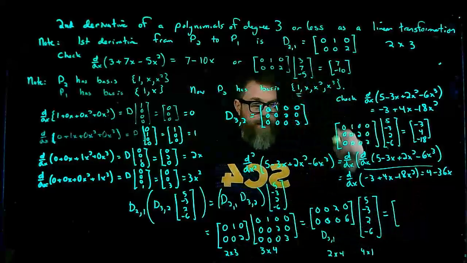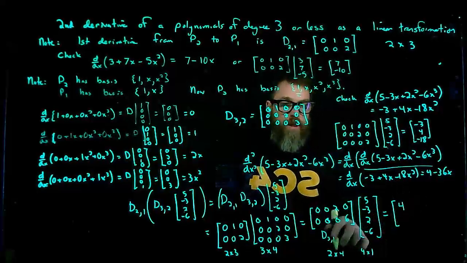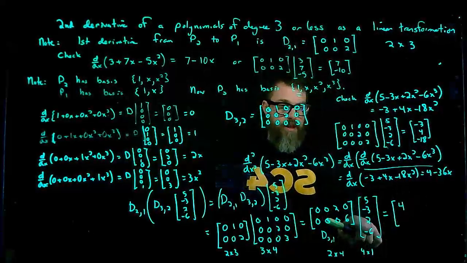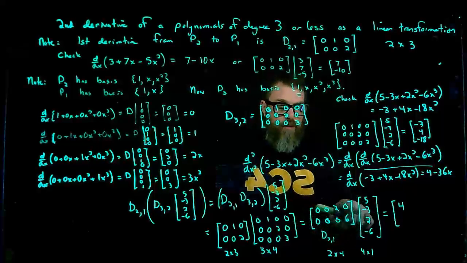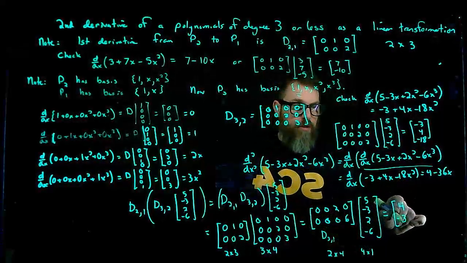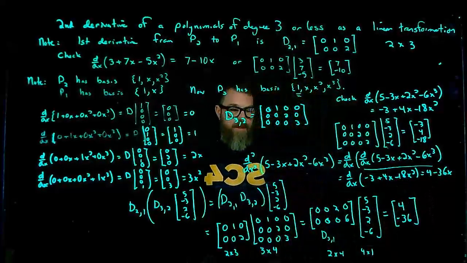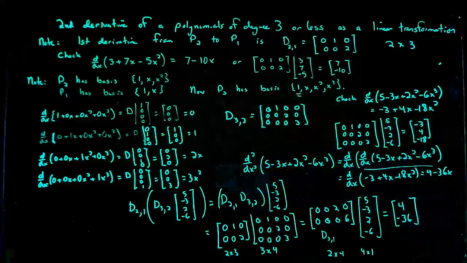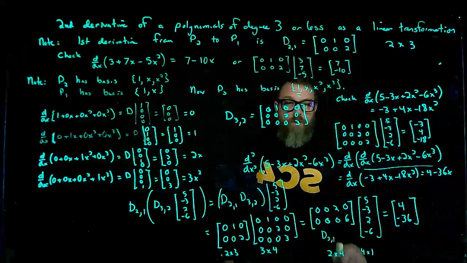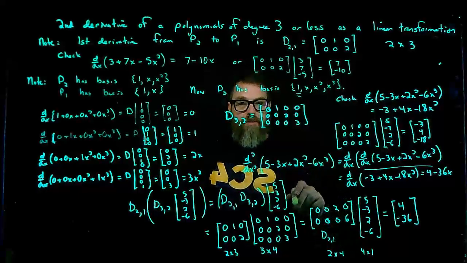First row, that column. Well, 0, 0, 4, 0. So this will be 4. And then this row times this column, well, this is going to be 0 times 5, 0 times this, 0 times this. 6 times negative 6 is minus 36. So indeed, we actually got that polynomial that we were looking for, which makes this polynomial that second derivative.